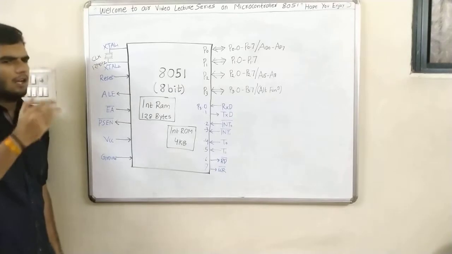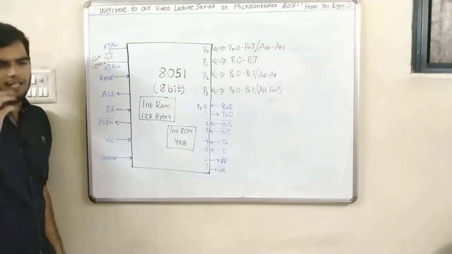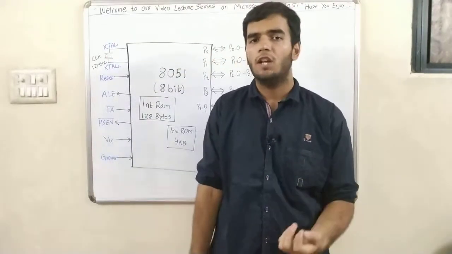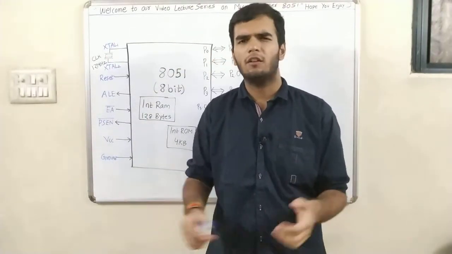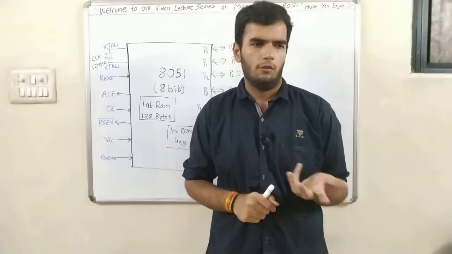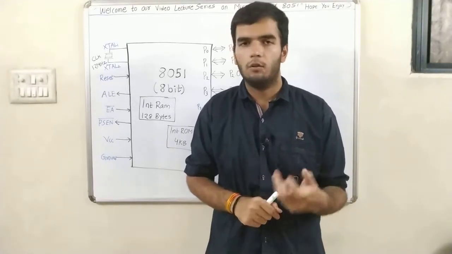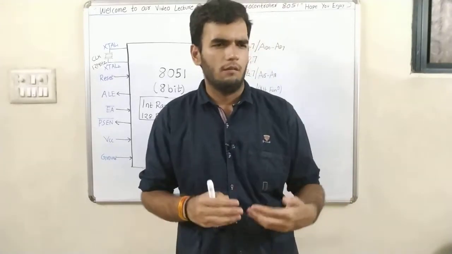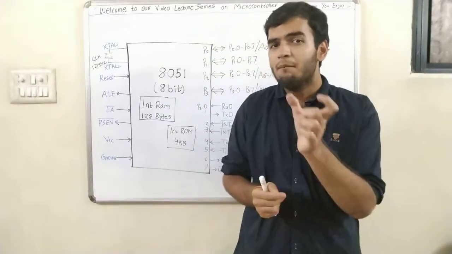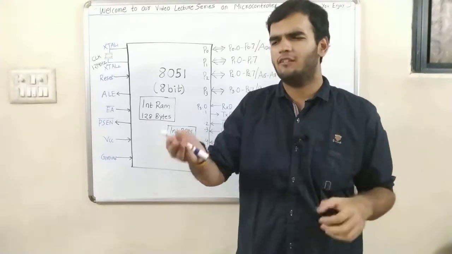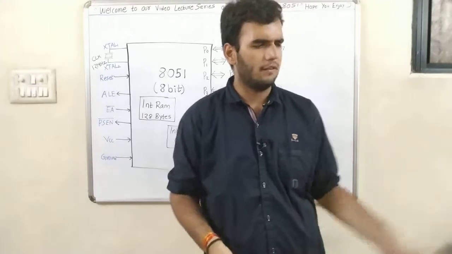So let's start with a clock now. The microcontroller has to do a few functions. Definitely when a function or a program is to be executed or a memory is to be saved, there should be a time factor, like at this time this is this, at this time this is this.